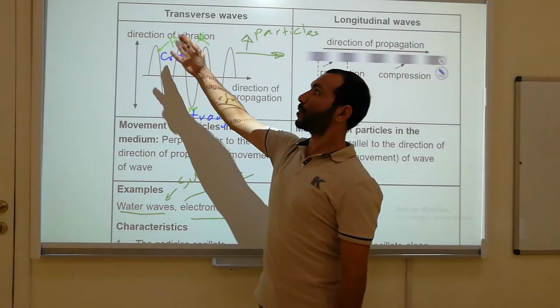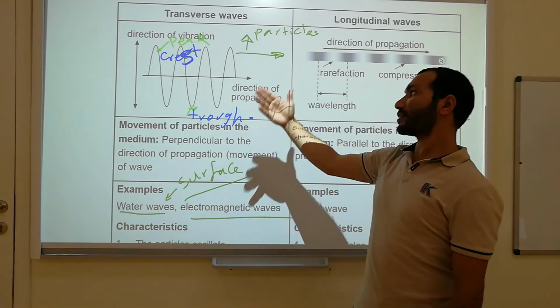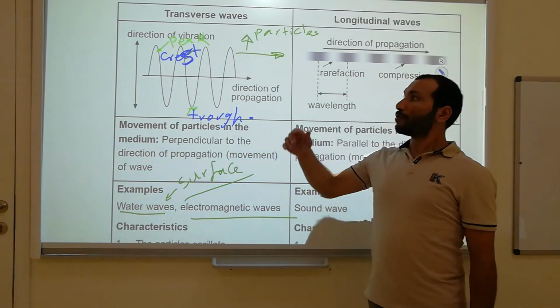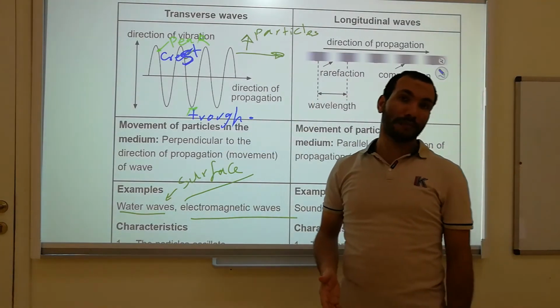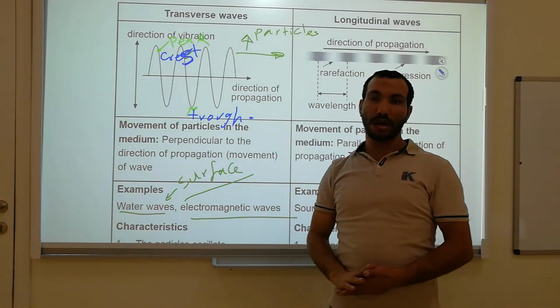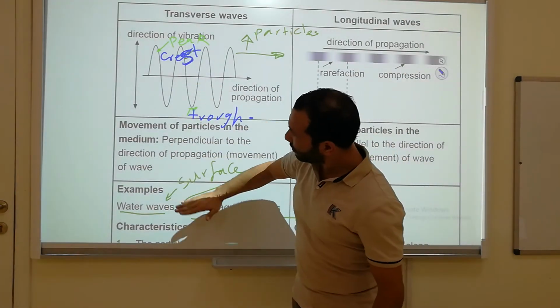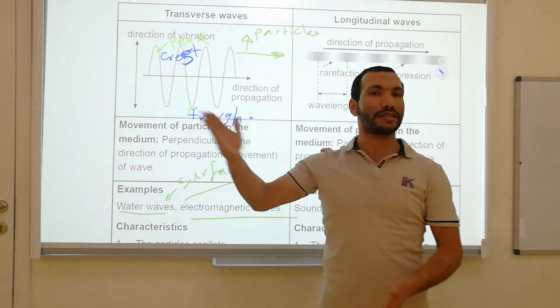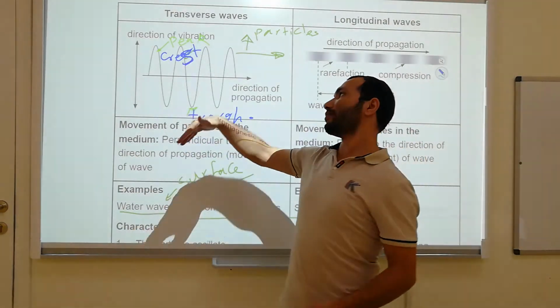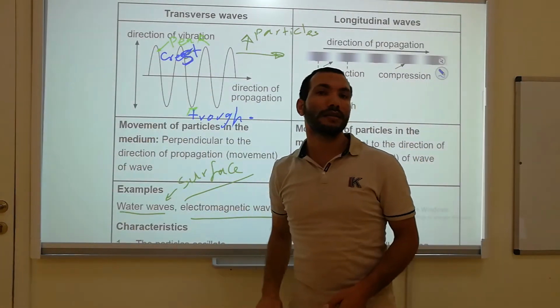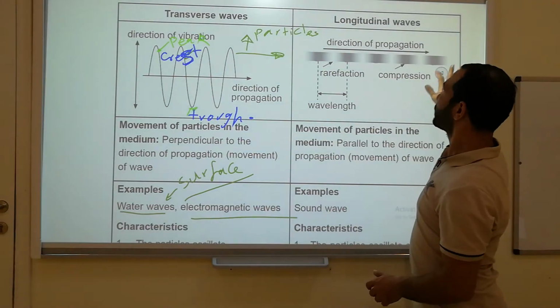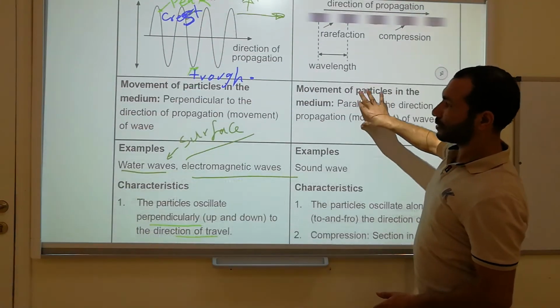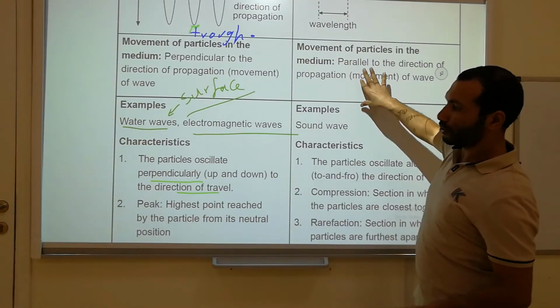So it is called the peak or crest, and the trough. The peak is the maximum displacement upward, and the trough is the maximum displacement downward, in the negative side. One of them is on the positive side and the other on the negative side.